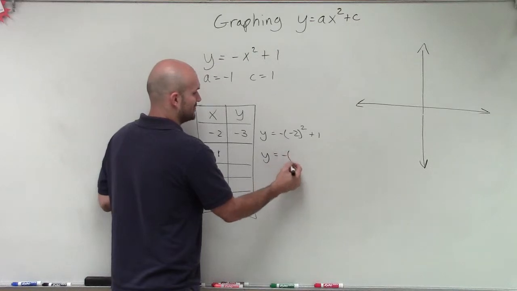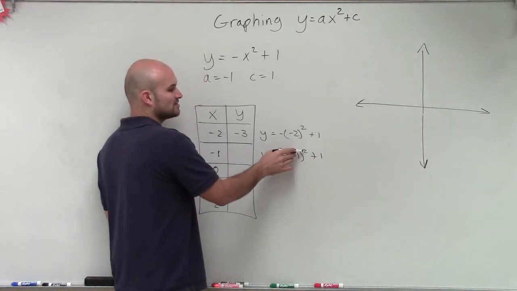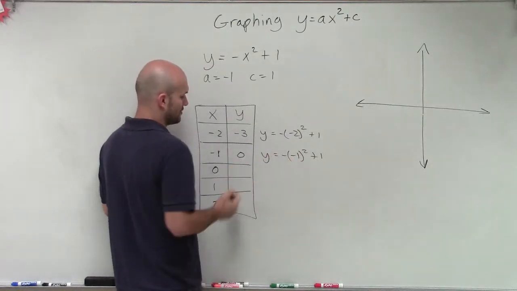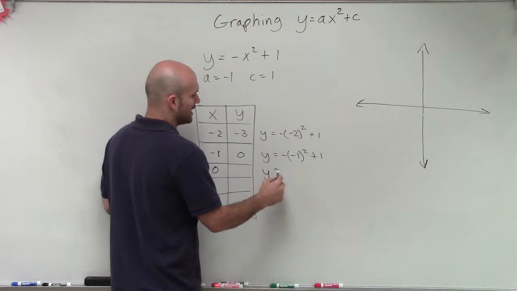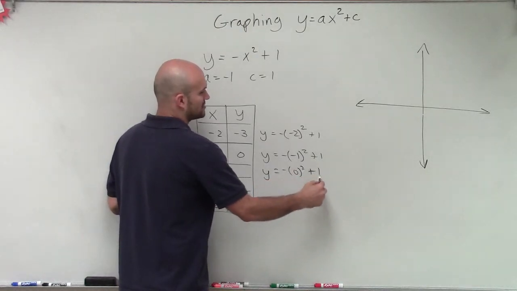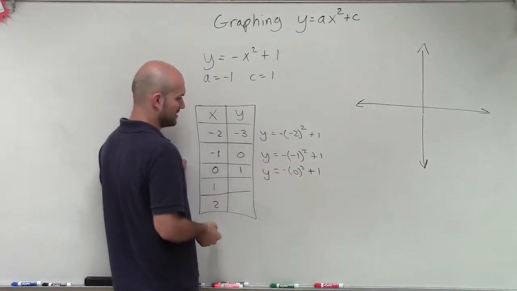Y equals negative times -1 squared plus 1. -1 squared is +1. +1 times -1 is -1. Plus 1 is 0. Then y equals negative times 0 squared plus 1. Well, 0 squared is 0, 0 times negative is 0, and that becomes a 1.